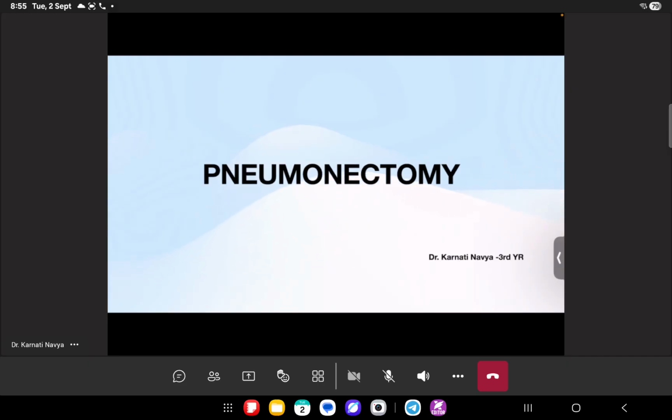Secondly, in serial X-rays, the air shadow that usually looks like a triangular space will become semicircular, because more air is collecting in that hemithorax. That gives you a clue that something is going wrong.